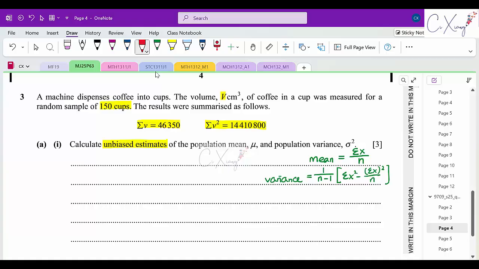Okay, then we can start the calculation here. To get the mean, just apply the formula. I have summation of V, 46350, divided by the sample size, which is 150. And you'll get 309.